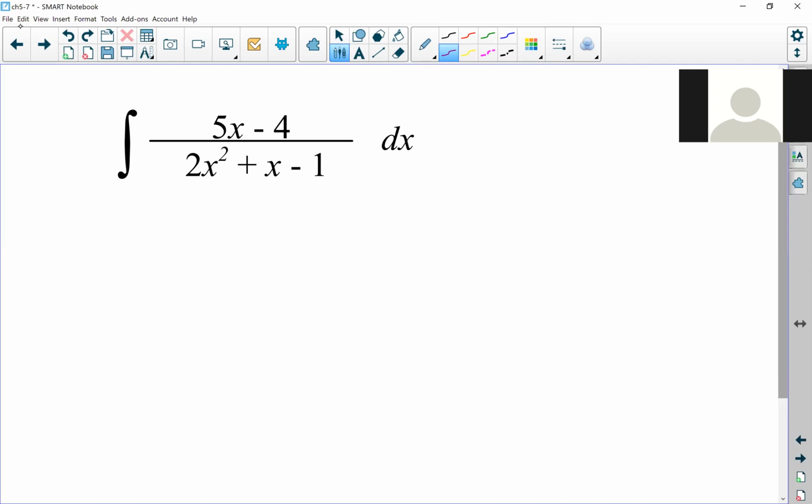All right, one more example. Factor my denominator.